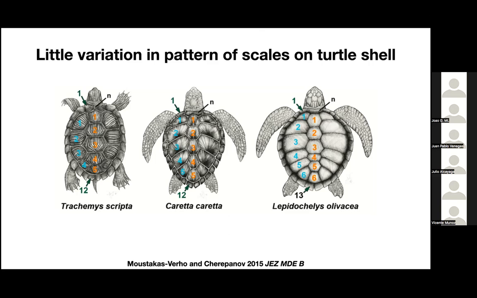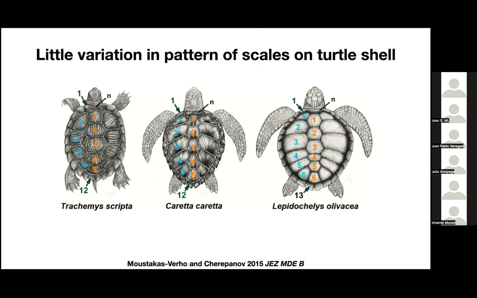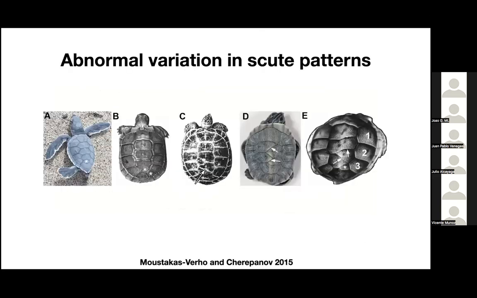So they have more down the midline and more in all of the domains of scutes. And so part of the point of this is that you have an increase in complexity in these sea turtles.